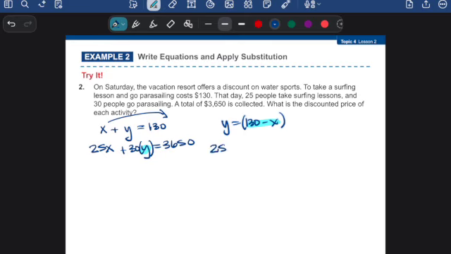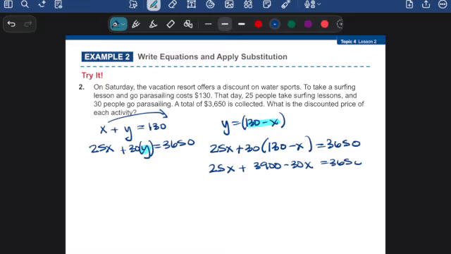So 25x plus 30 times (130 minus x) equals 3,650. And we will distribute: 3,900 minus 30x equals 3,650. Combine like terms, get negative 5x plus 3,900 equals 3,650.